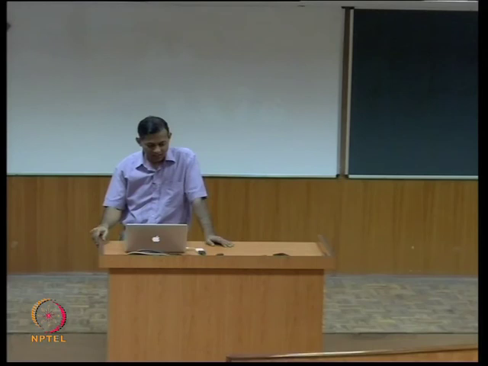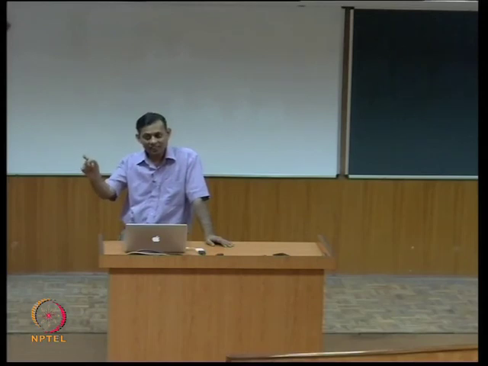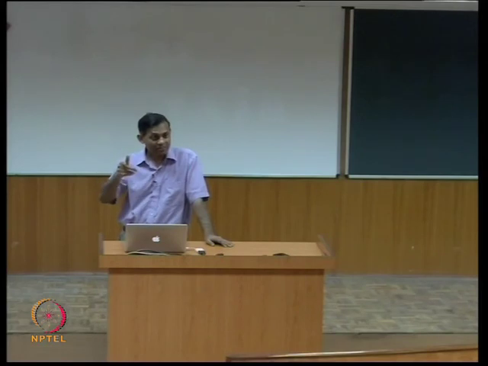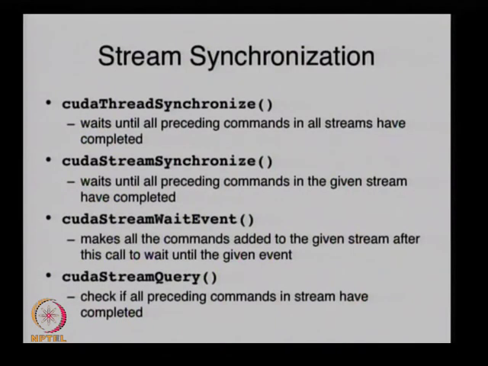And then there is a CUDA stream wait event, which takes a stream and a given event, and it says all the calls for that stream up to that event have to be finished. And then there is a query about the progress of streams. You have forked off many streams from your thread, and you want to know how far they have reached.